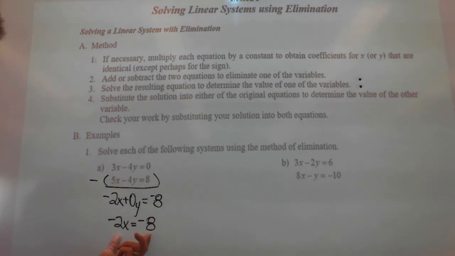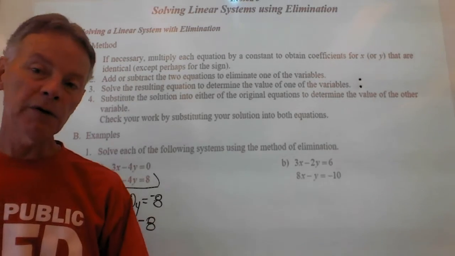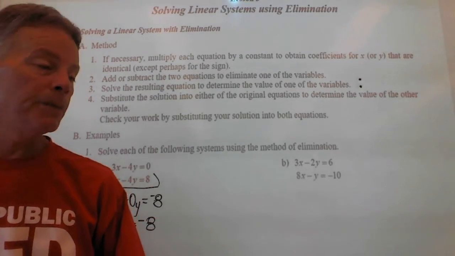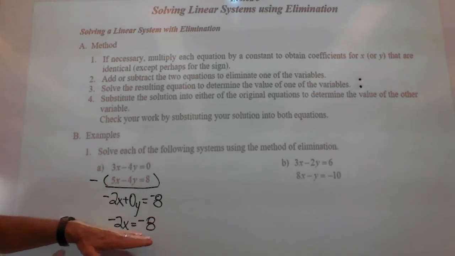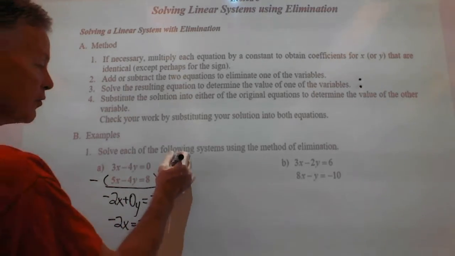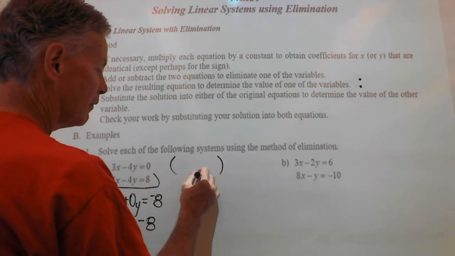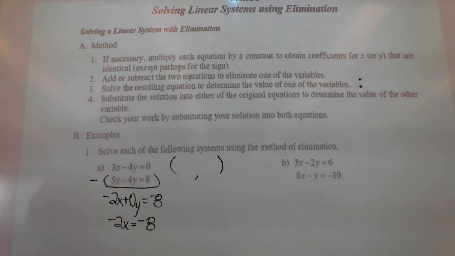We've got an equation now that only has one variable. And as I mentioned in the previous lesson on substitution, that's what you want to have, because then you can isolate your variable and actually get a value for x, which, remember, we're going to eventually plug into our solution, which is just an ordered pair.